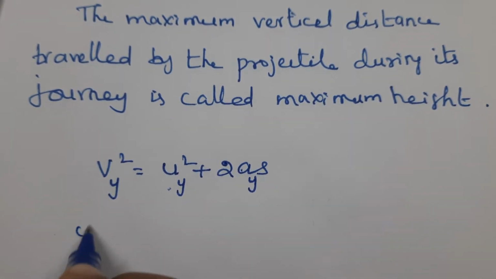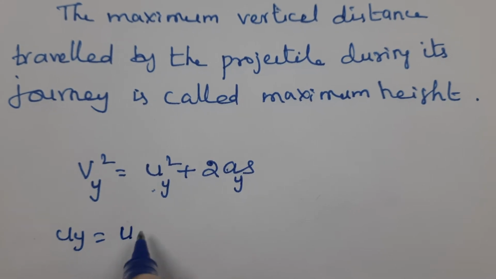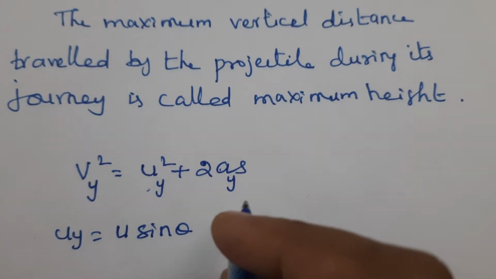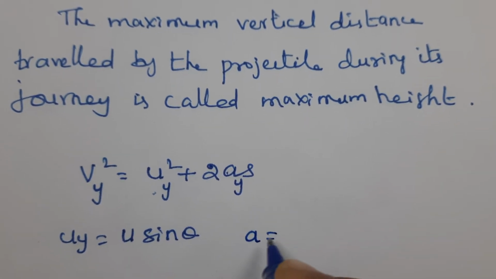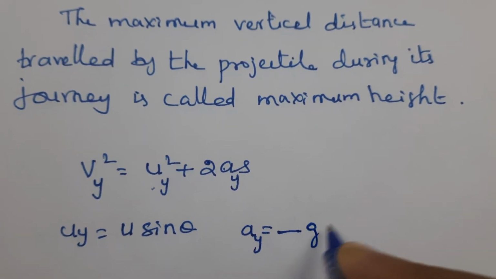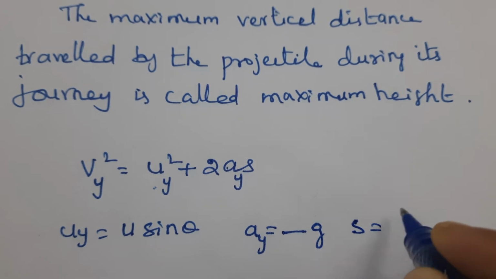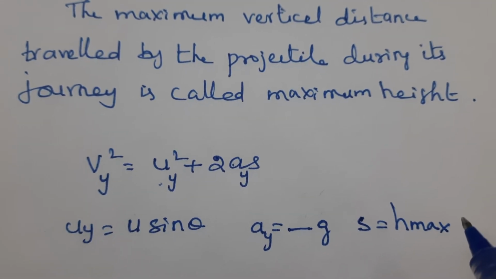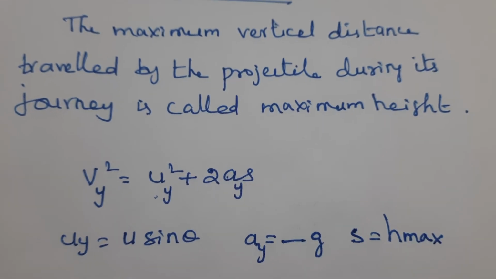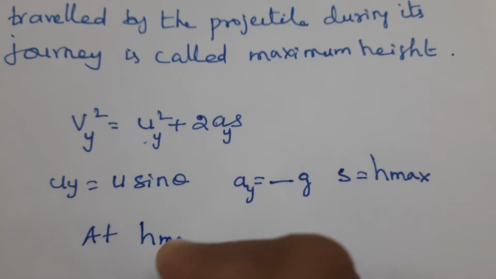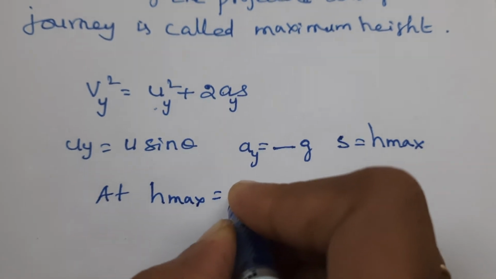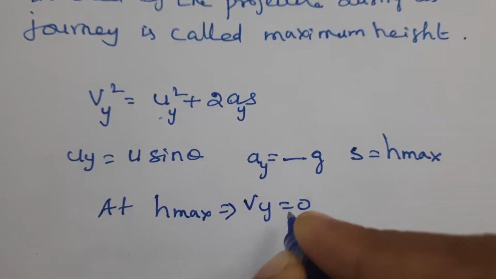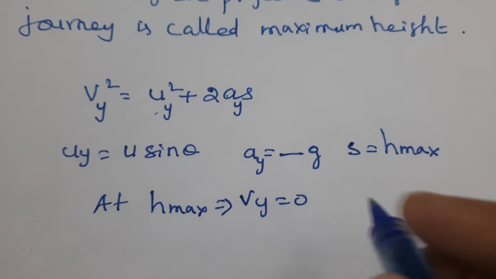Here we know that uy equal to u sin theta, that is the vertical component of velocity. ay is equal to minus g, and s is nothing but the maximum height. At this maximum height, vy equal to 0.